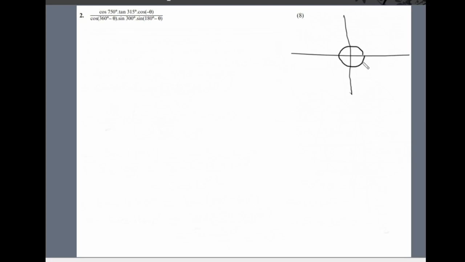Now we want to move 390 degrees. So we start from 0 again: 90, 180, 270, 360, right? And then if you take 390 minus 360, you are left with 30 degrees. And from here we move 30 degrees up.